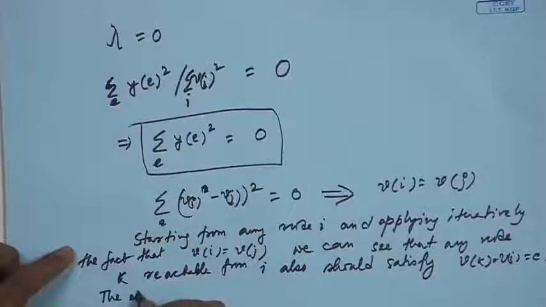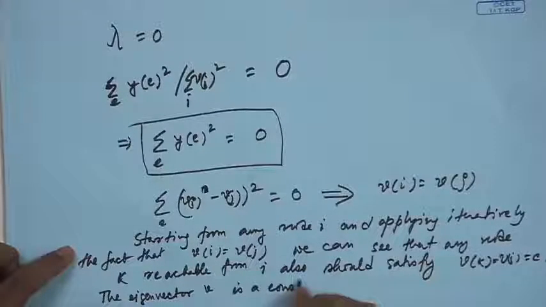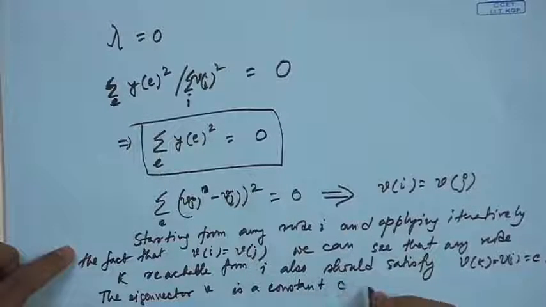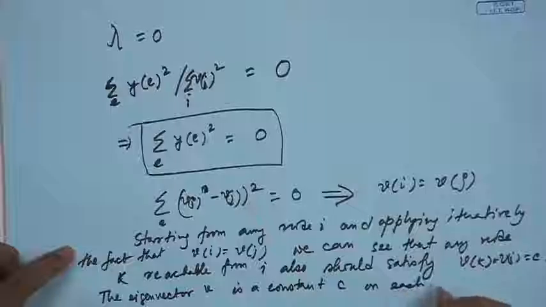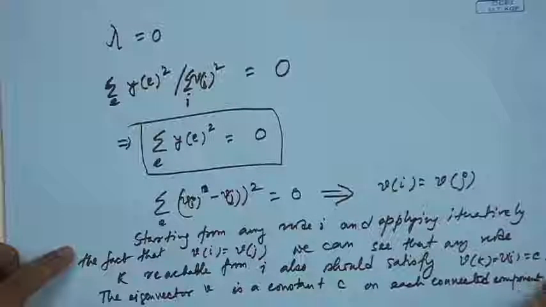That means the eigenvector V is a constant C on each connected component.